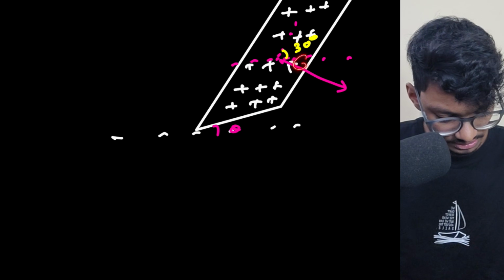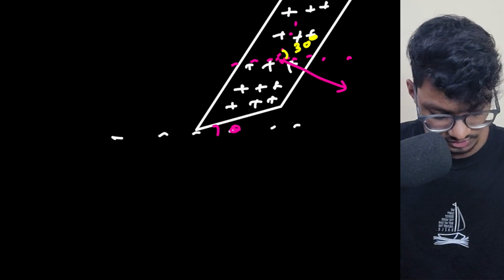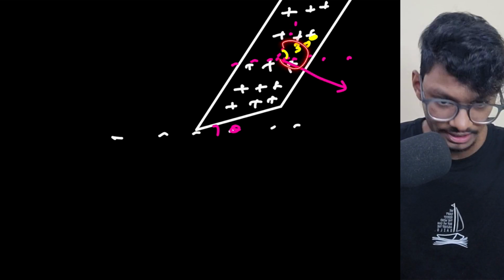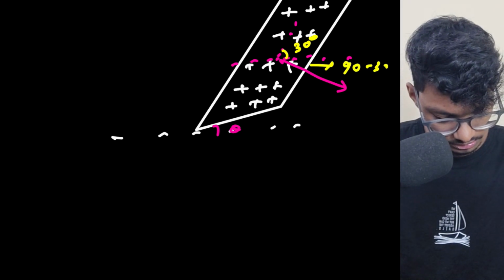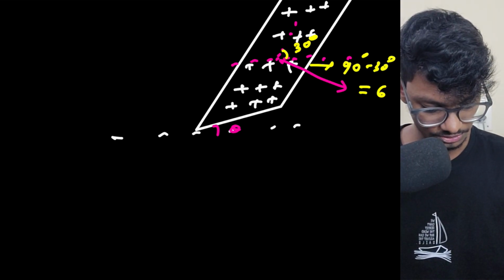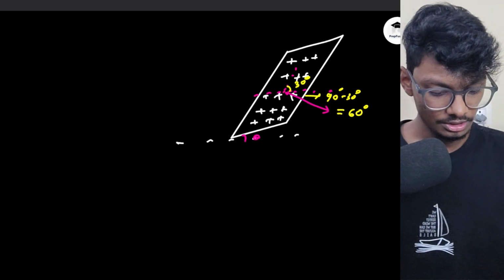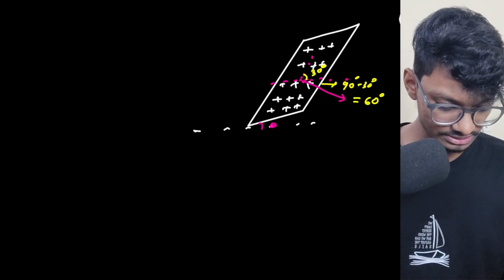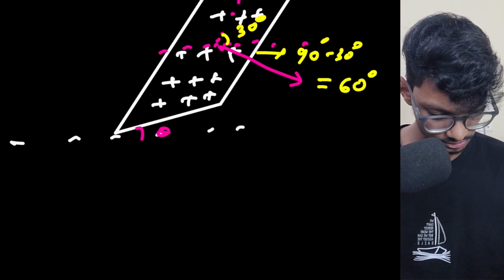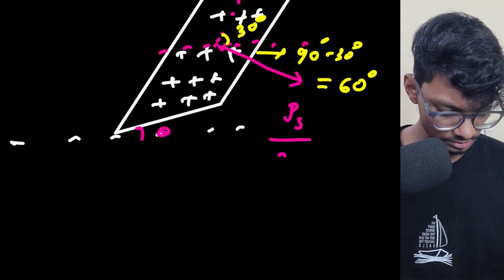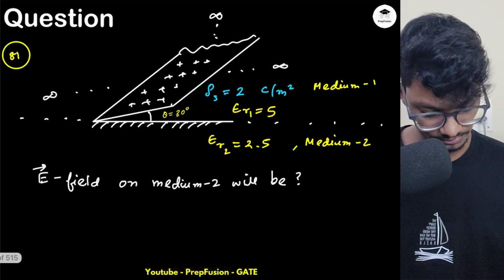What about this angle? This is the normal to the surface, so this whole angle is 90. So this angle will be 90 minus 30, equal to 60 degrees. So actually I know the electric field in this direction. It will be sigma s upon 2 epsilon, right?